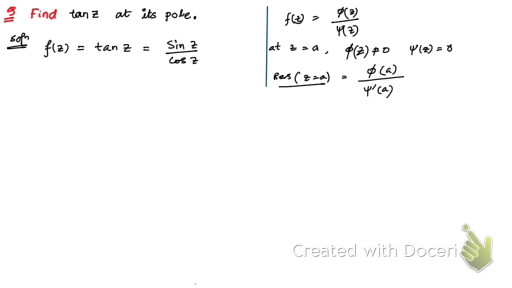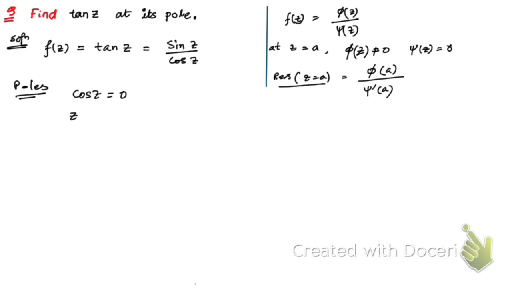So let's do that. What are going to be the poles of this function? How to obtain the poles? To obtain the poles, we're going to equate the denominator with 0, right? Then what is the general solution for cos z equal to 0?